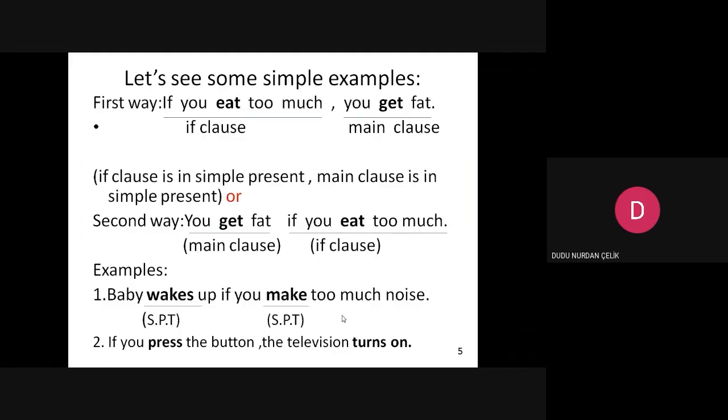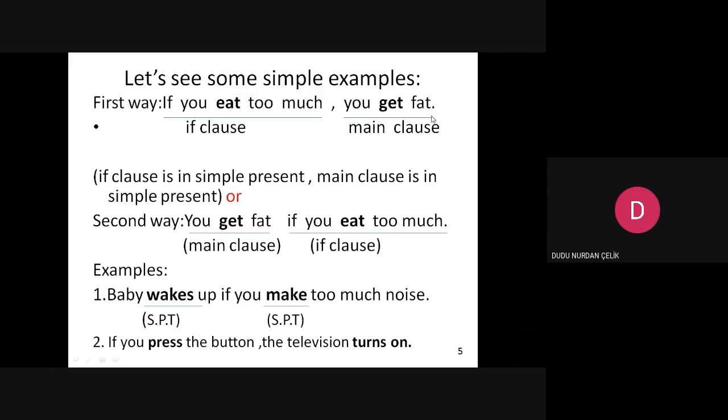Let's see some examples. I told you about two ways of forming the sentence. Let's see the first way. If you eat too much, comma, you get fat. We have two parts in the sentence: if you eat too much, the first part, and you get fat, the second part.